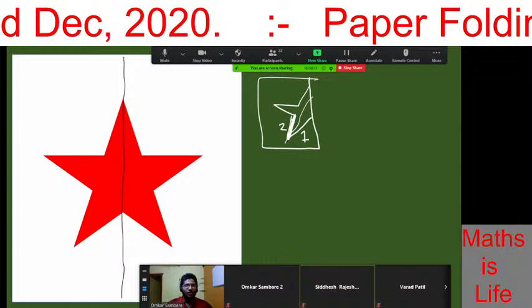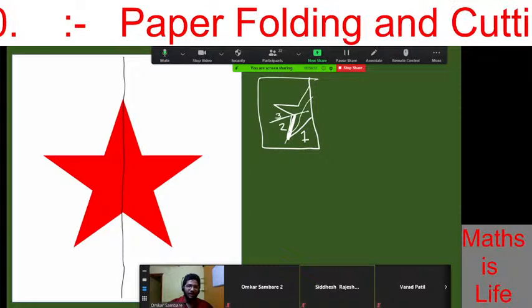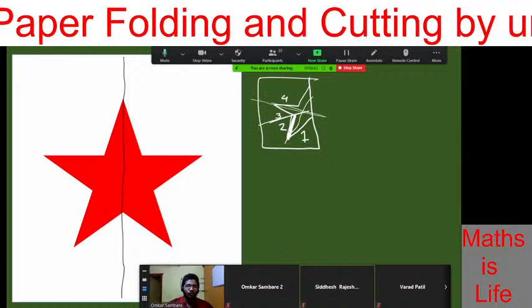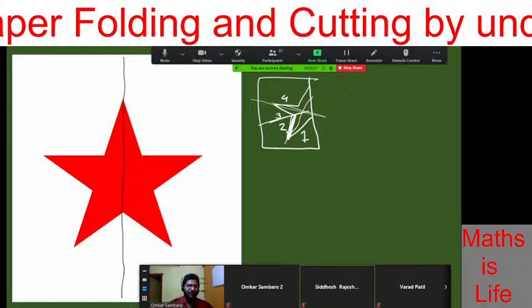Then you have line 1, 2 and 3 in one line only, right, using this angle. Then again using this angle you can fold line 3 and 4, and again you have 1, 2, 3, 4 lines in one line, and again do it same for 4 and 5.